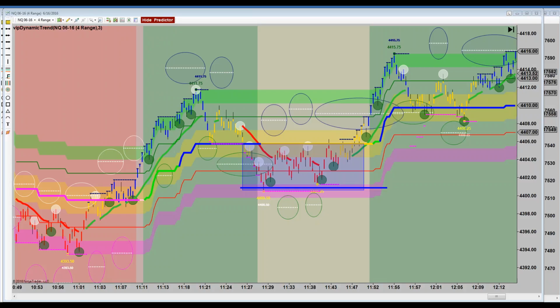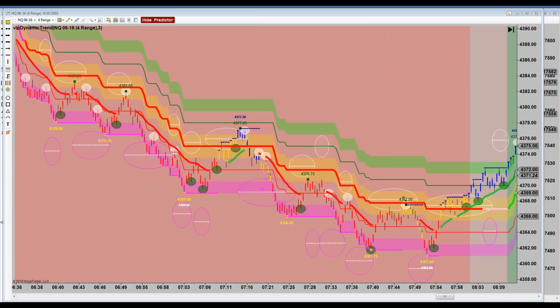Ready? 15 seconds on the clock. Starting right now. Right hand side of this chart. Is this a trend change? Yes or no? Your eyes are right over here. A Y or an N? 12 seconds. Right hand side of the chart.